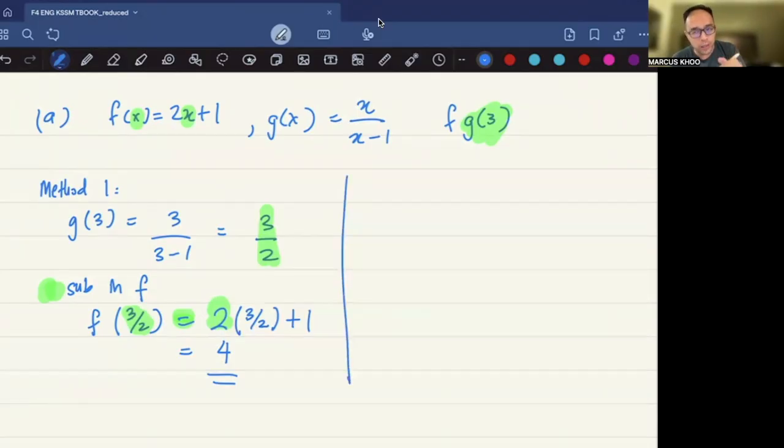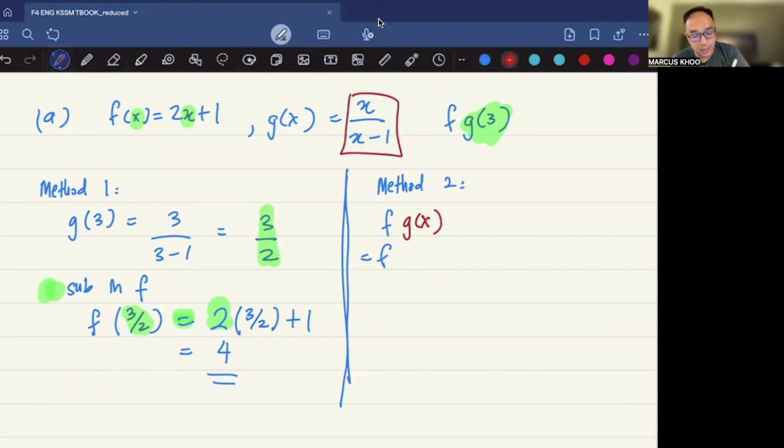Now, method number 2, and there's a reason why I want you to learn this method as well. Method number 2 is to find the composite function first, and then you substitute the number at the end. This is the one we've done in the previous video. We get f, substitute g(x) in, where g(x) is x over x minus 1, and substitute this whole thing into the f function. I know it looks very complicated at first, but there's a reason why I want you to do this method also.